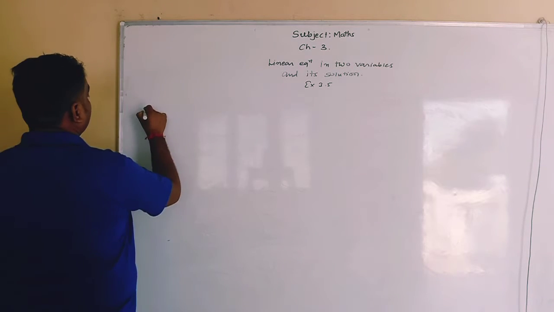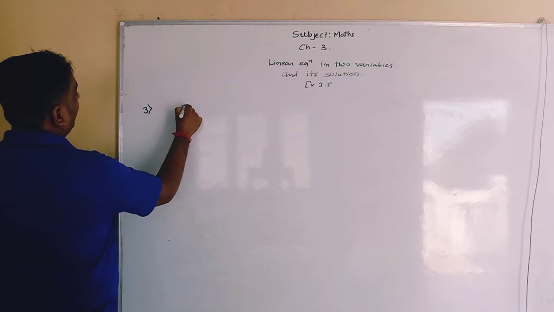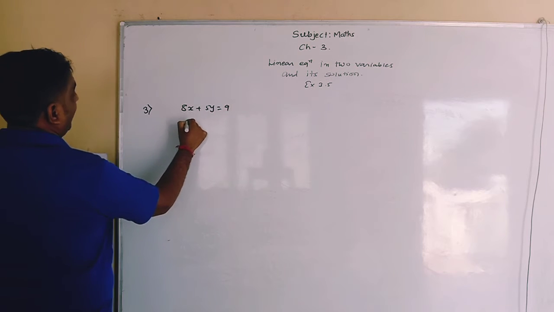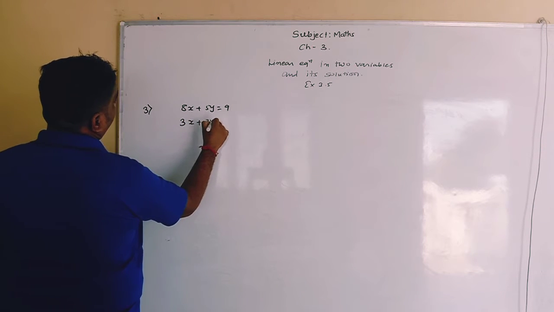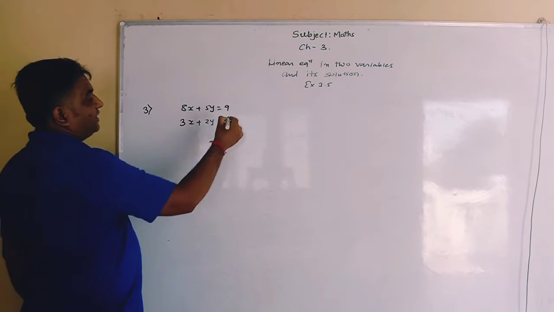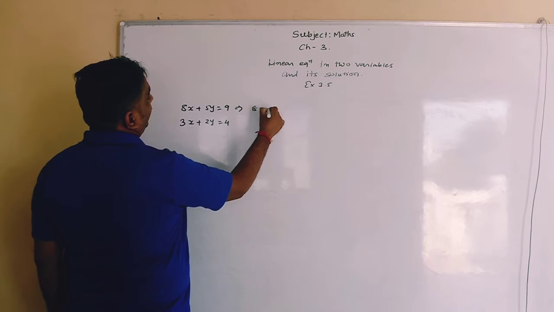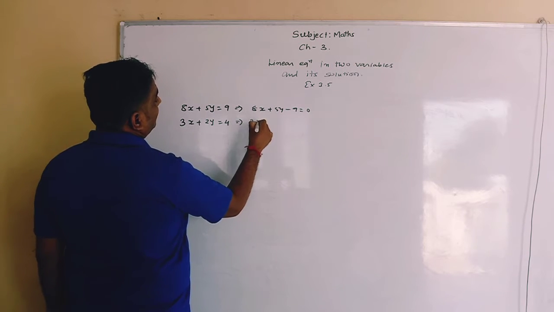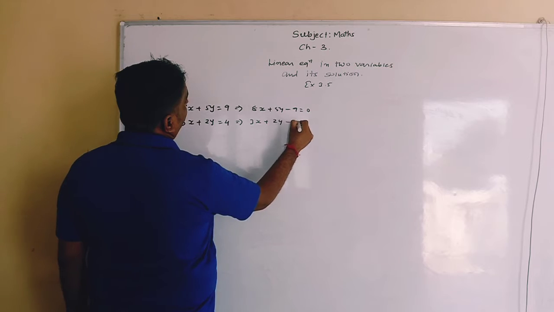Now we have the third question: solve 8x + 5y = 9 and 3x + 2y = 4. So we can write 8x + 5y - 9 = 0 and 3x + 2y - 4 = 0.